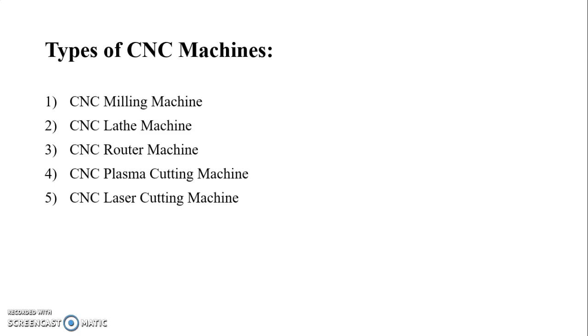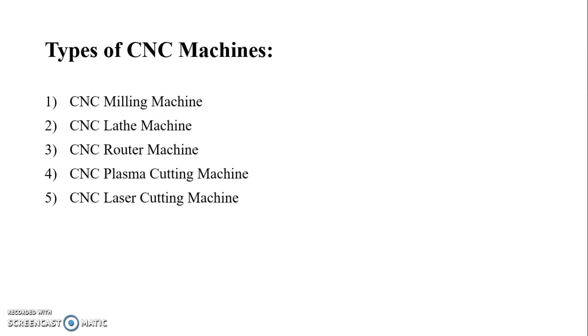So another type of machine is the CNC plasma cutting machine. CNC plasma cutters are used to cut metals and wood and do not require as much power as a CNC router. These machines use a plasma torch to penetrate wood or sheet metal. They are ideally suited for cutting two-dimensional shapes.